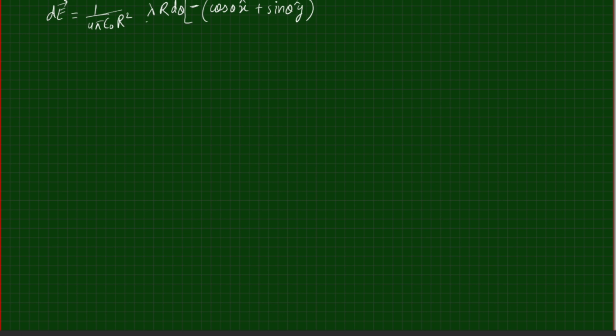So if we integrate this over 0 to pi by 2, we can calculate the electric field easily.